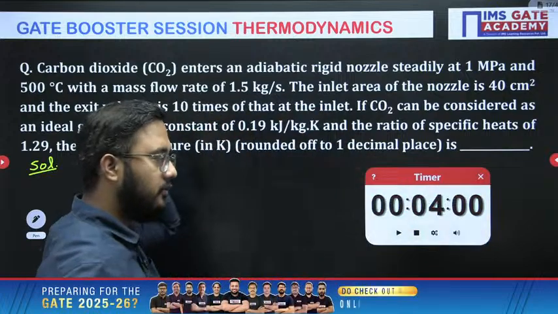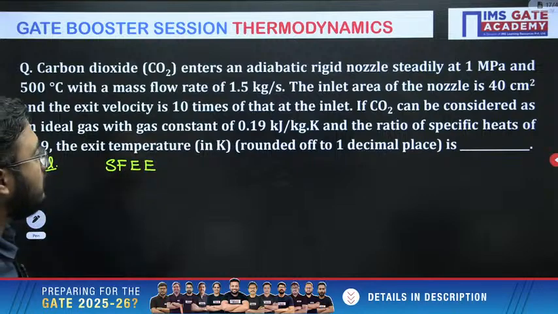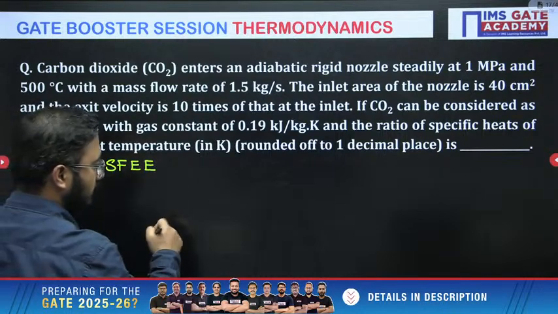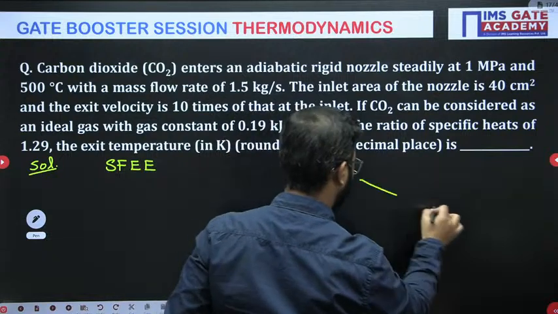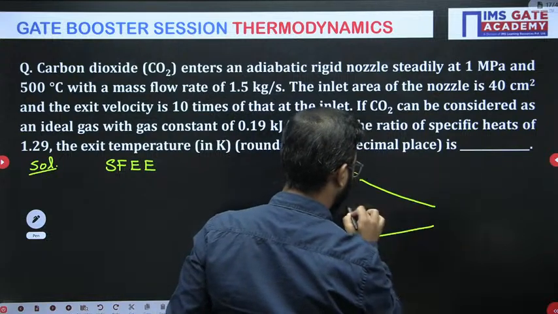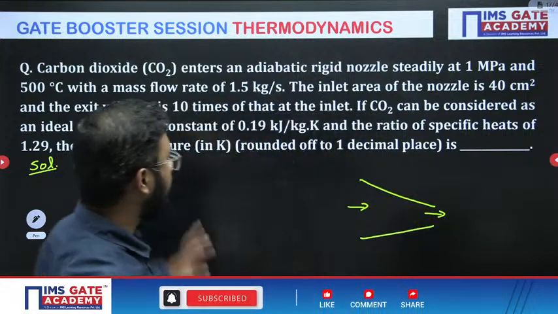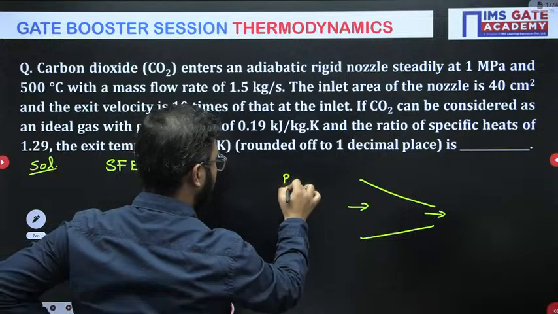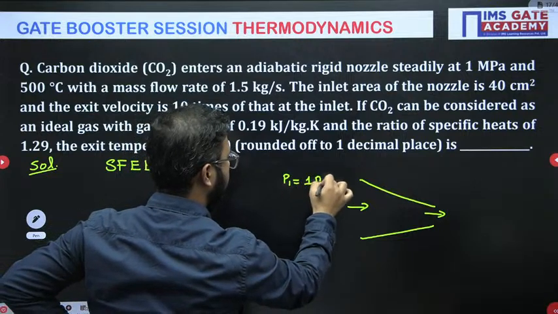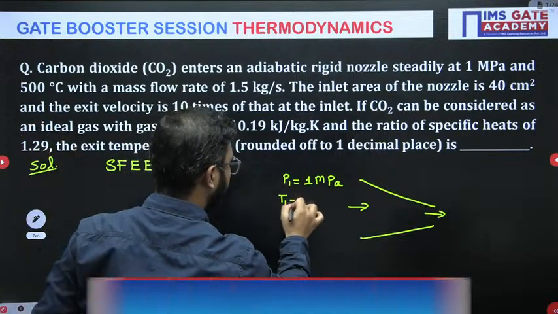See, first of all, the given data we have to understand here. They are talking about a nozzle here. Okay, let us draw the nozzle part here. This is inlet and this is exit. For example, enters at 1 megapascal pressure. So let us write P1 as 1 megapascal and T1 as 500 degrees Celsius.